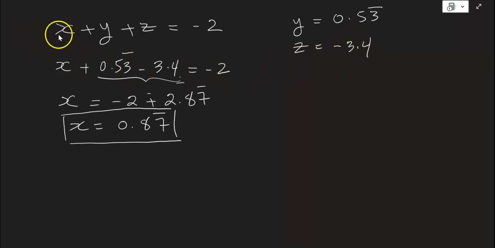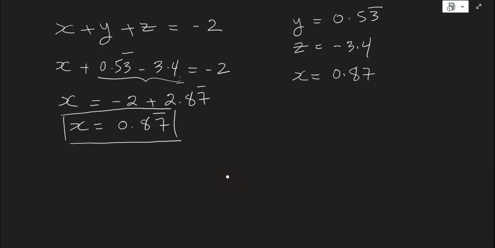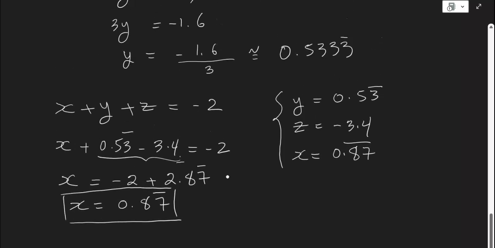Plugging into equation 1, the first equation in the system, we get x equals negative 2 plus 2.87, with 87 repeating, and then x equals 0.87 repeating. So in this case we have all three variables solved.